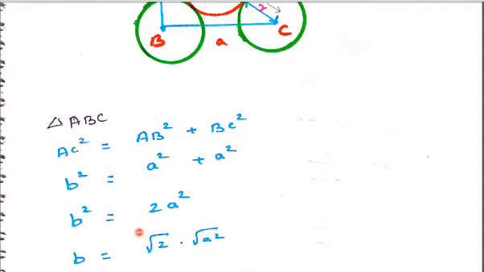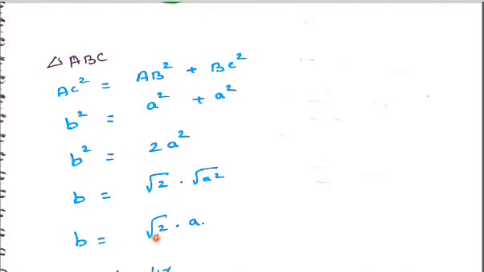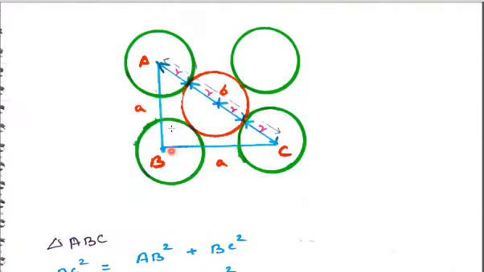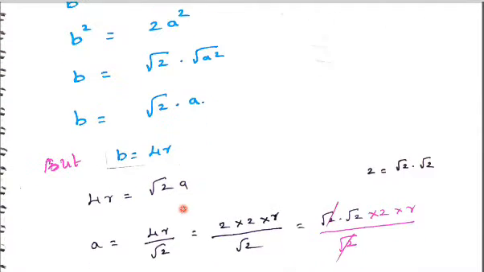So B square equal to 2A square. Taking the root of both sides, B equal to root 2 into A. But B as radius is 4R, so substituting 4R instead of B: 4R equal to root 2 A.